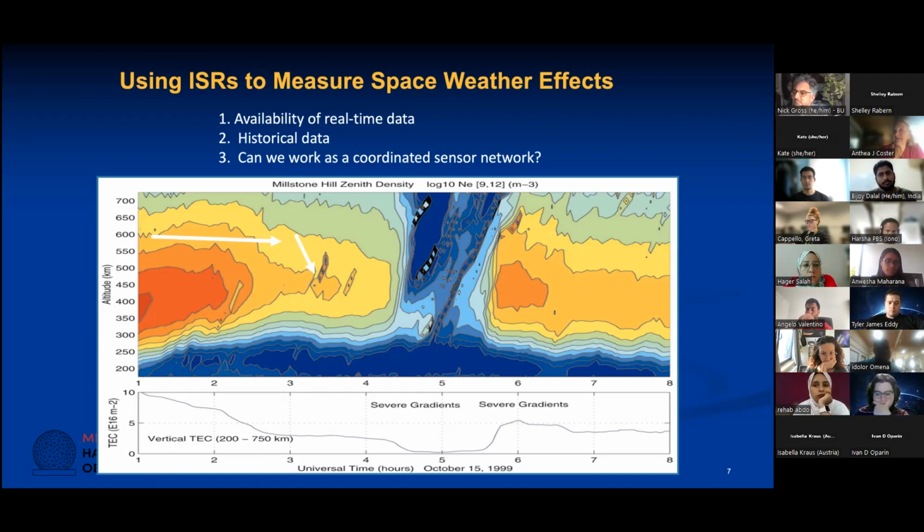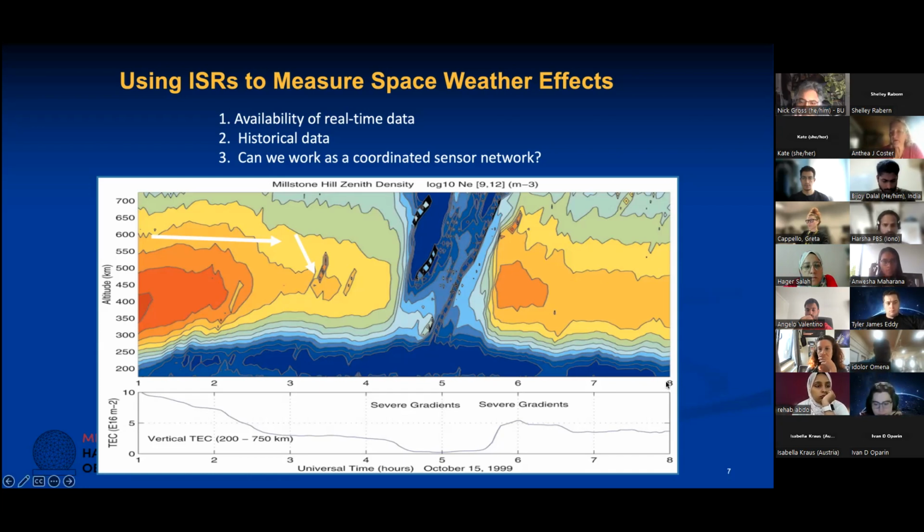At Millstone, we have over 50 years of historical data, available online. But one thing we're not doing right now is working as a coordinated sensor network. The Millstone radar is not really tied to the ones at Poker Flat and in Peru, but I think we could work much more as a coordinated network.